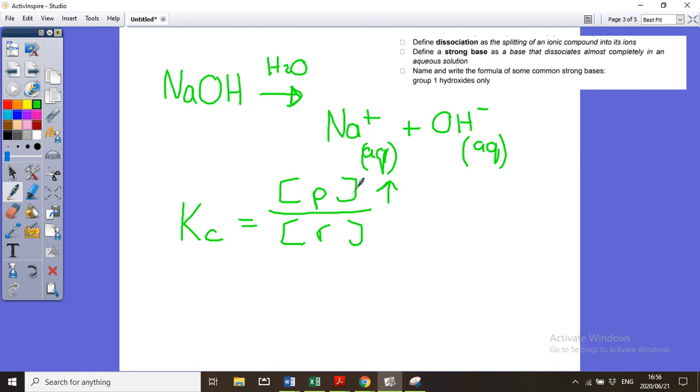So for a strong acid and a strong base, my Ka and Kb values will be big. Also, there are many ions swimming around in the solution, and therefore it will be able to conduct electricity better. So if it's a better conductor of electricity, it will be a stronger acid or a base. And it has a higher Ka or Kb value as well.